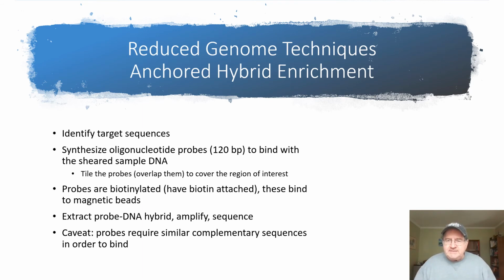I've got an illustration of this in just a second, but let's throw the caveat in early on that you have to have your probes bind, right? And so you've got to know what the sequence is in your target regions, which means you need to have a transcriptome, or you need to have a genome done in the first place. So you've got to do some preliminary work.